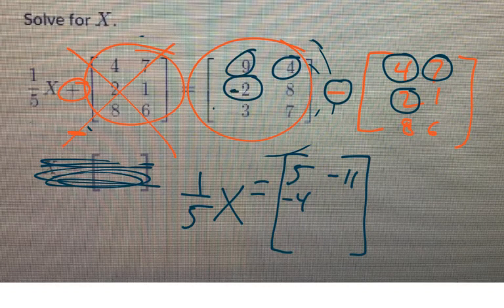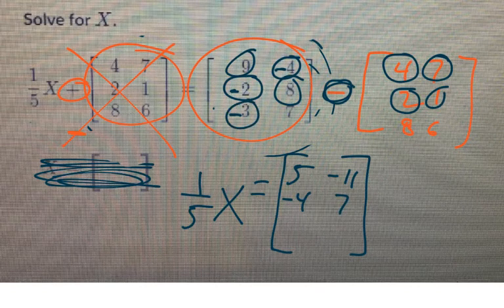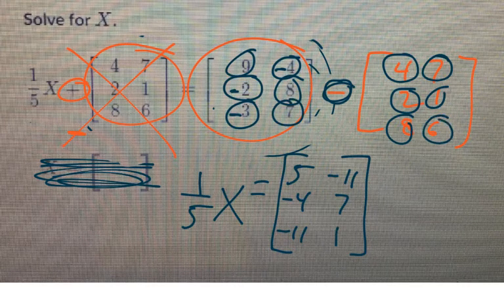That is a negative right there, and that is a negative right there and right there, in case you couldn't see that very well. 8 minus 1 is 7. -3 minus 8 is -11. 7 minus 6 is 1. So unless I made some silly integer mistake, I got it right so far.